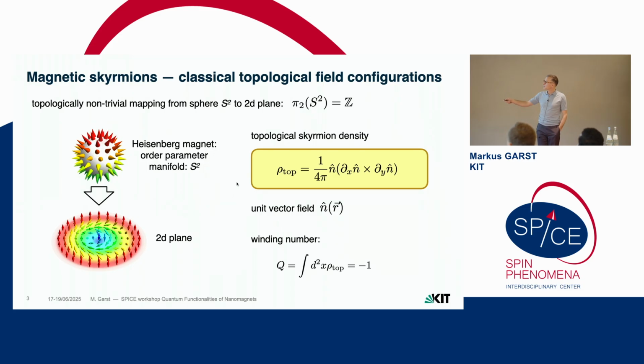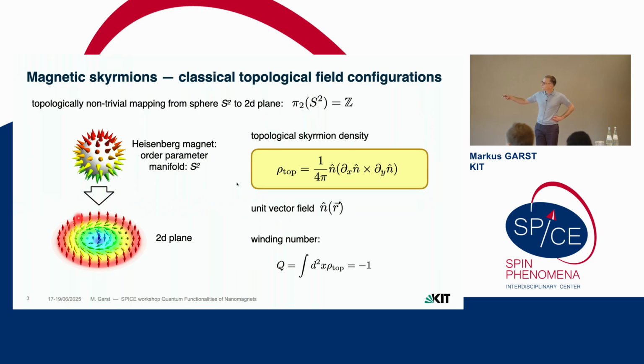This represents the orientation of the local magnetization, and this can vary in space. If it covers this whole sphere, then I have a topologically non-trivial configuration. One such configuration I can obtain by stereographically mapping this sphere to the plane.